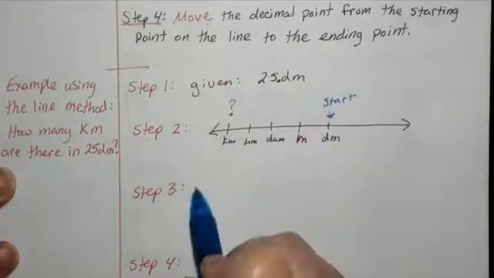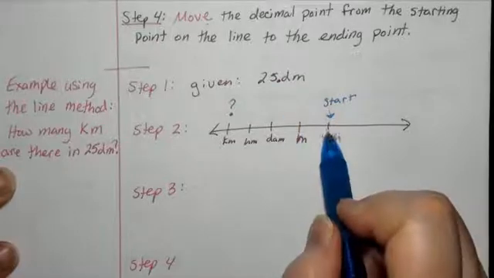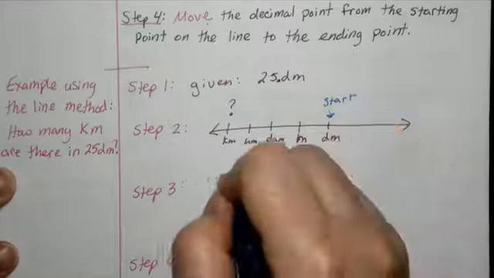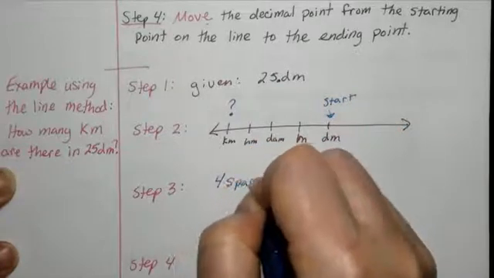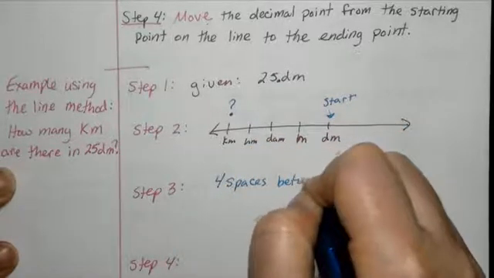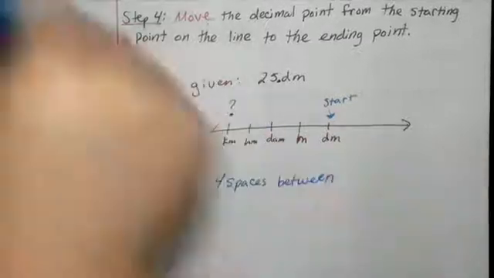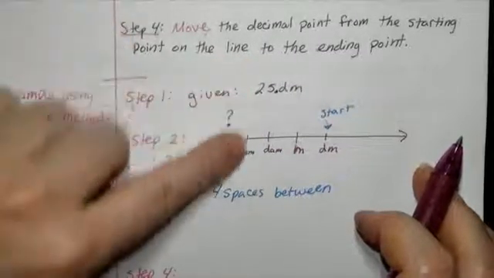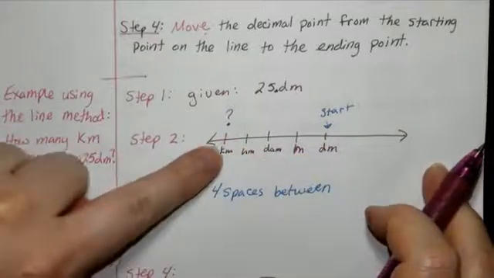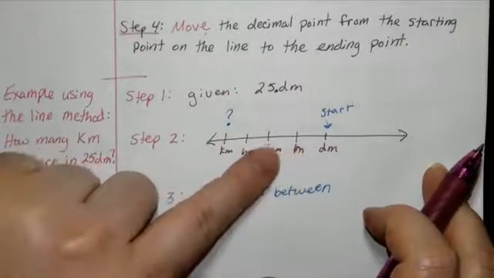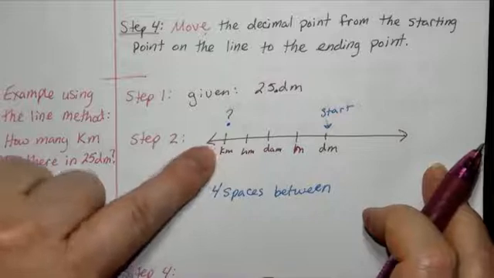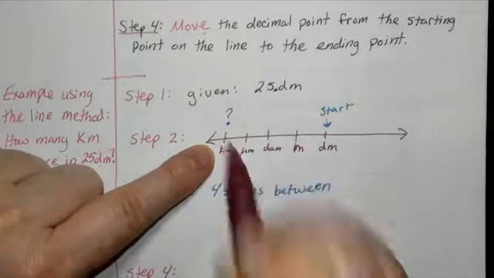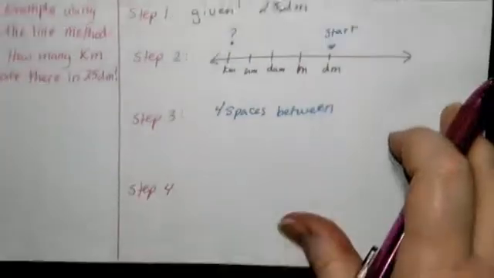So I need to figure out how far apart they are. There are 1, 2, 3, 4 spaces. Okay, so 25 dm, we're starting here, we're moving to there, which means there's 1, 2, 3, 4 spaces. I have to hit 1, 2, 3, 4 dashes to get there.